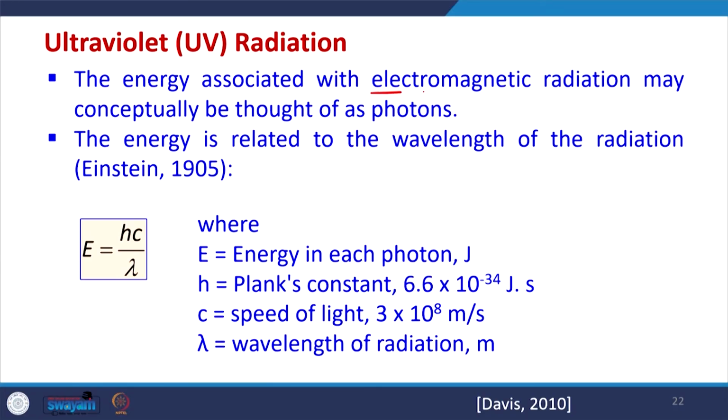The energy associated with electromagnetic radiation is thought to be in the form of photons. The energy is related to the wavelength of radiation via this equation, which we have studied since long: E is equal to hc by lambda, where h is the Planck constant, c is the speed of light, and lambda is the wavelength of the radiation that we are going to use.